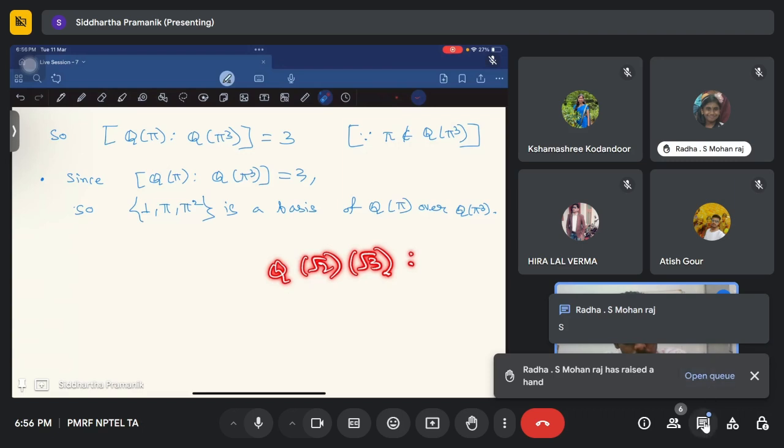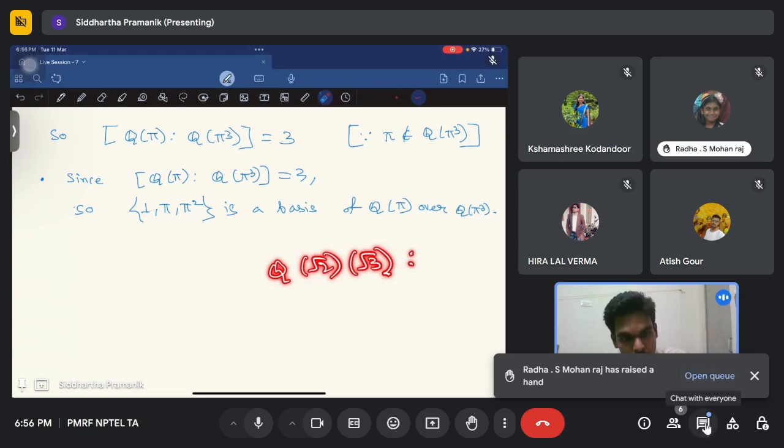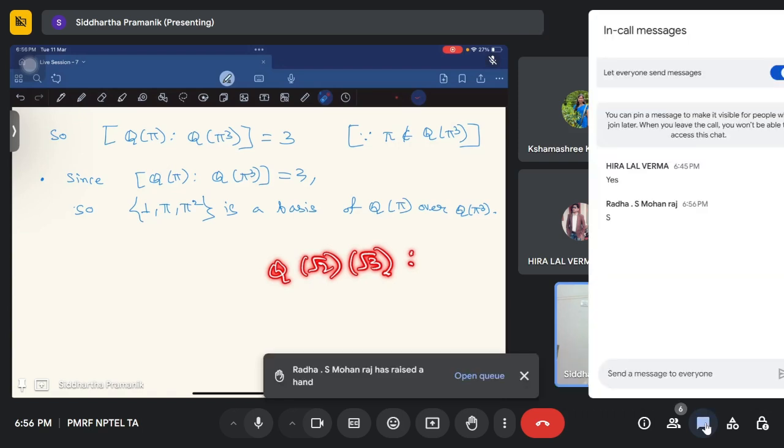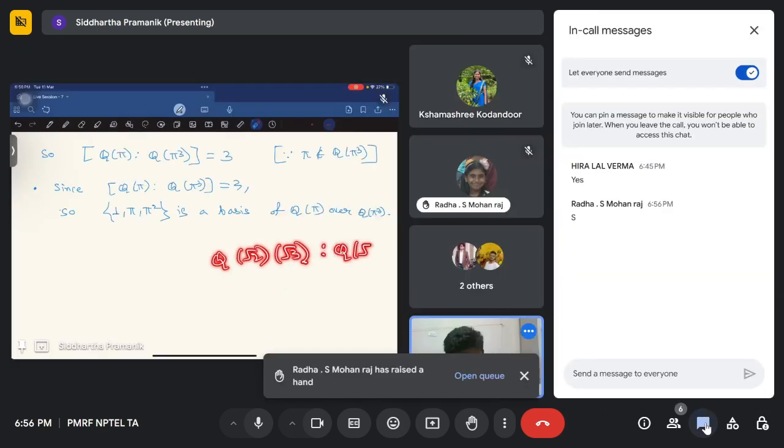Yeah. So now can you do it or still you have doubt? So you just need to find the degree of √3 over Q(√2).